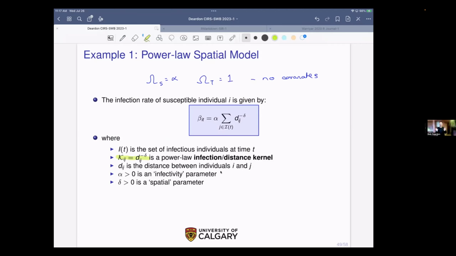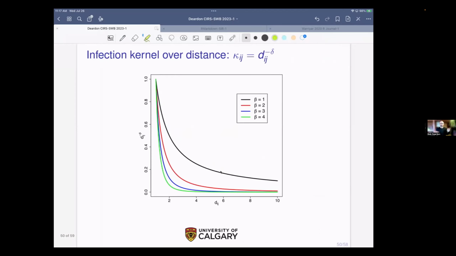So in this model, everything's purely spatial. The power law kernel, that spatial kernel, is going to look something like this for different values of beta. So as the distance between individuals increases, the risk of infection goes down.